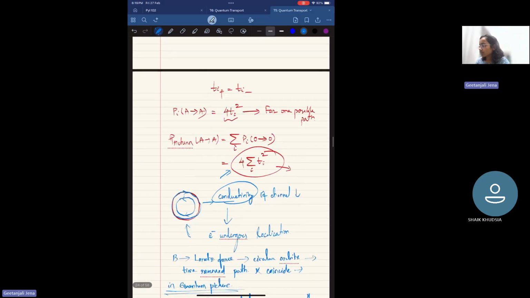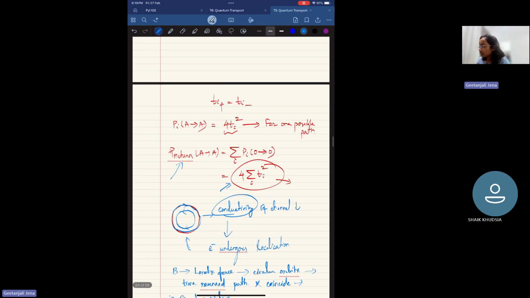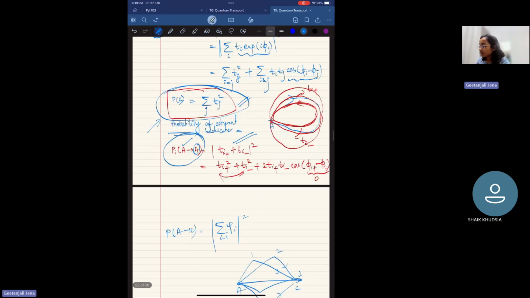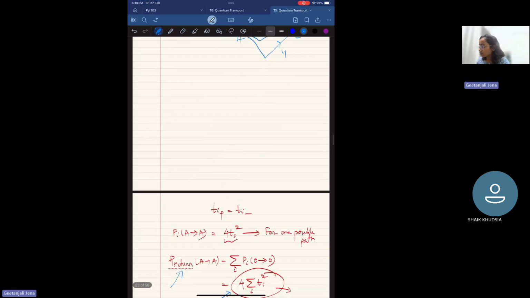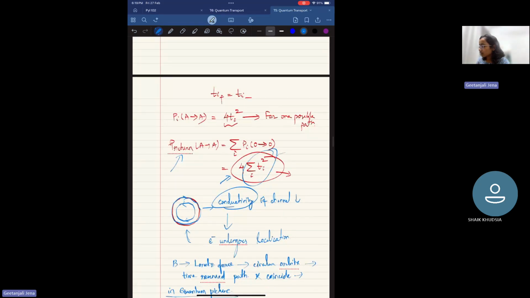From that, you have calculated that the probability of return is 4 times the summation of Ti square, right? And this summation of Ti square is nothing but the probability of C, right? So this is the probability of the forward propagating wave.